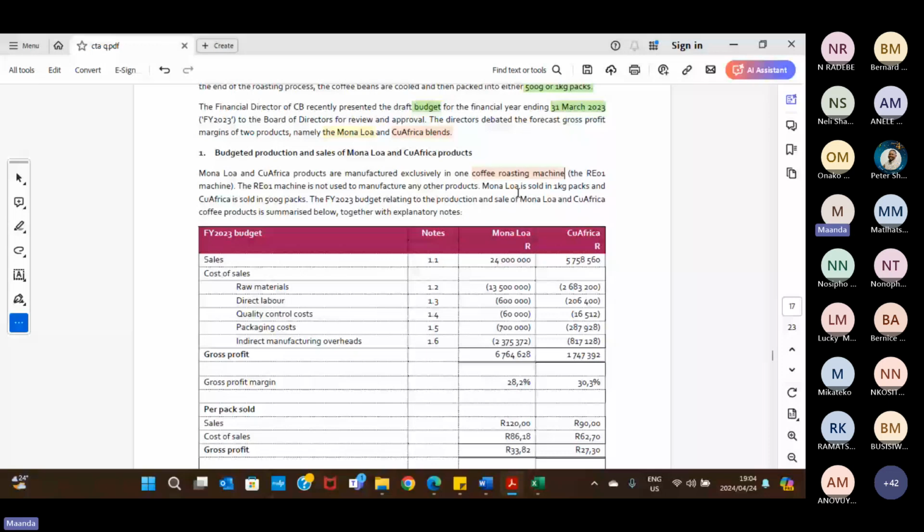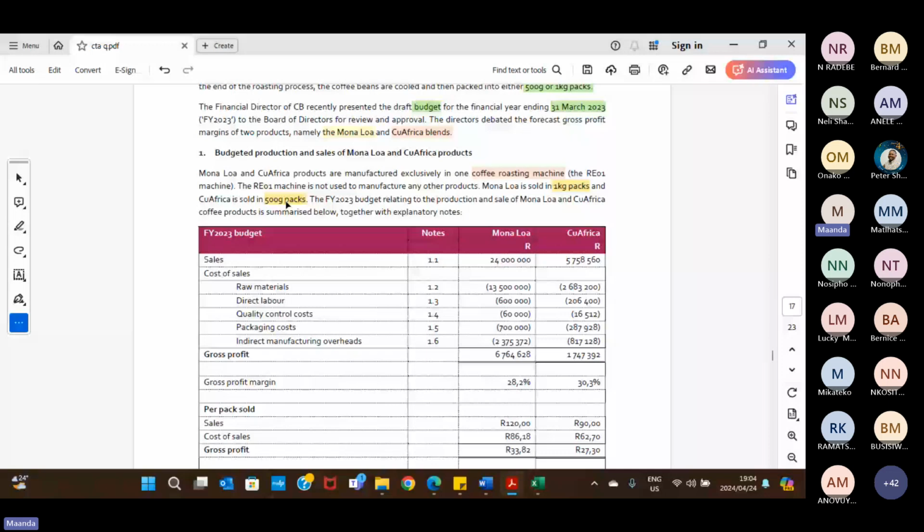Very important again. This is sold in 1 kg packs, which is M. And C is sold in 500 kg. So again, this becomes very important because these are my measures and this is what I'm selling at.